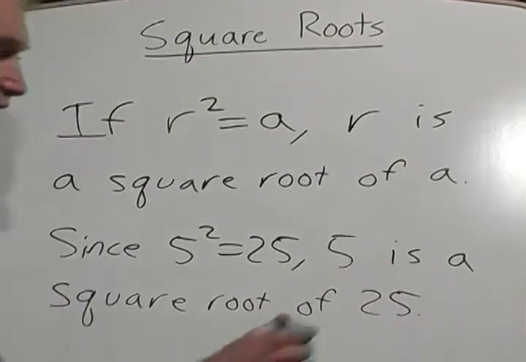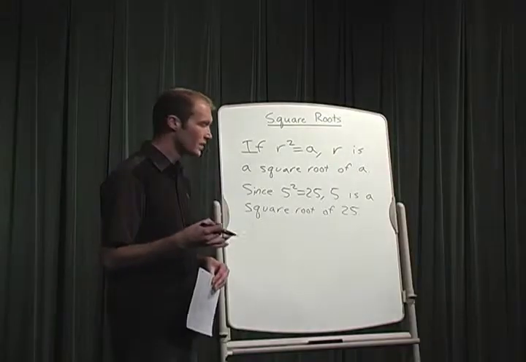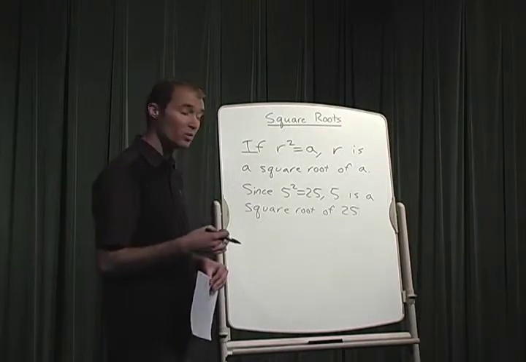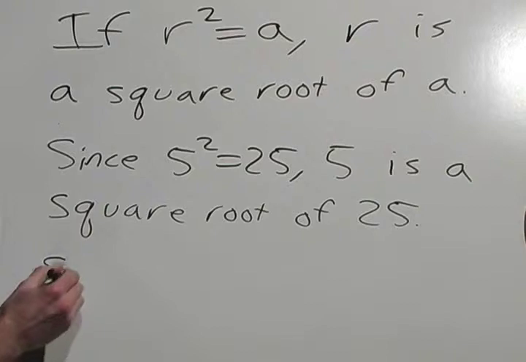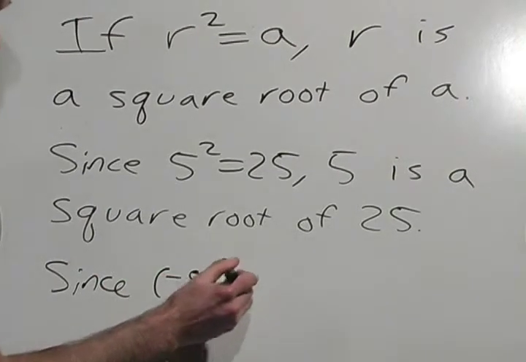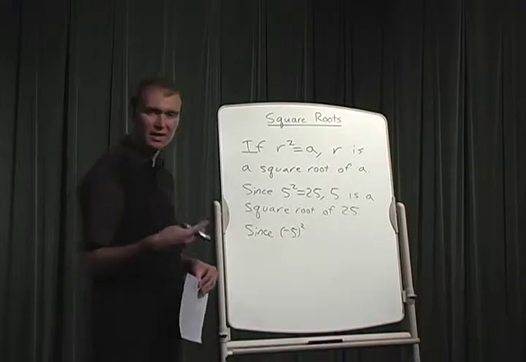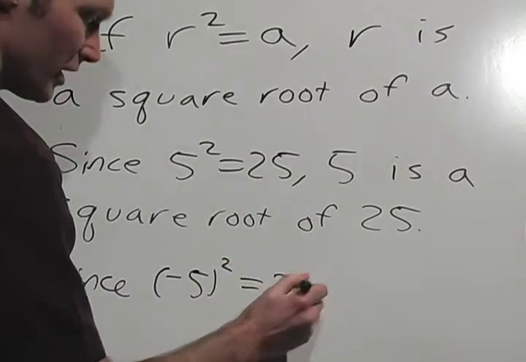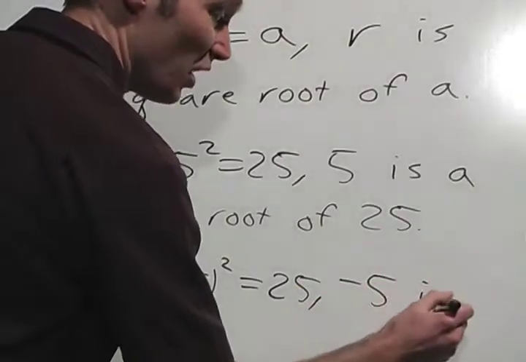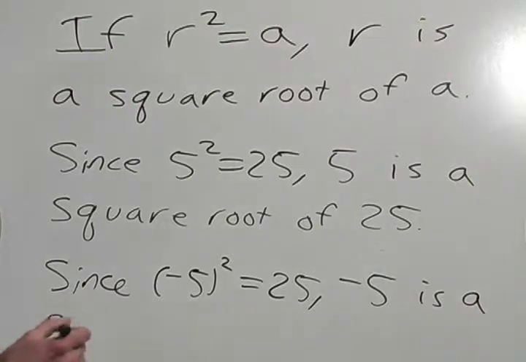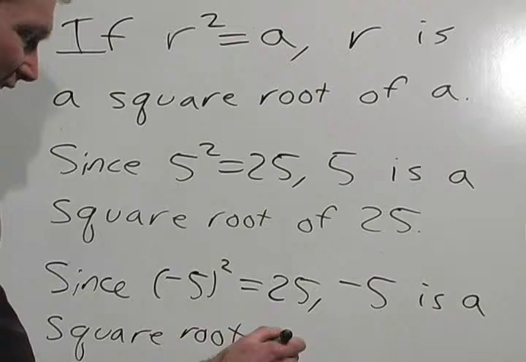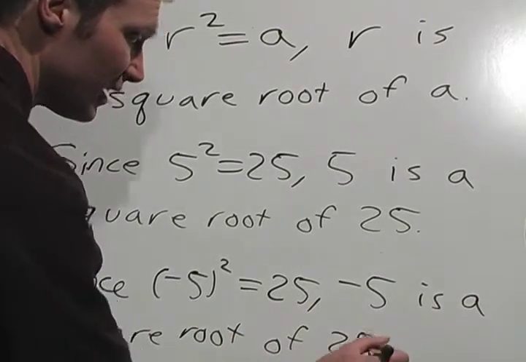of 25. Now, as it turns out, 5 is not the only square root of 25. There's another one. Since -5 squared, which is -5 times -5, is also 25, this means that -5 is also a square root of 25.